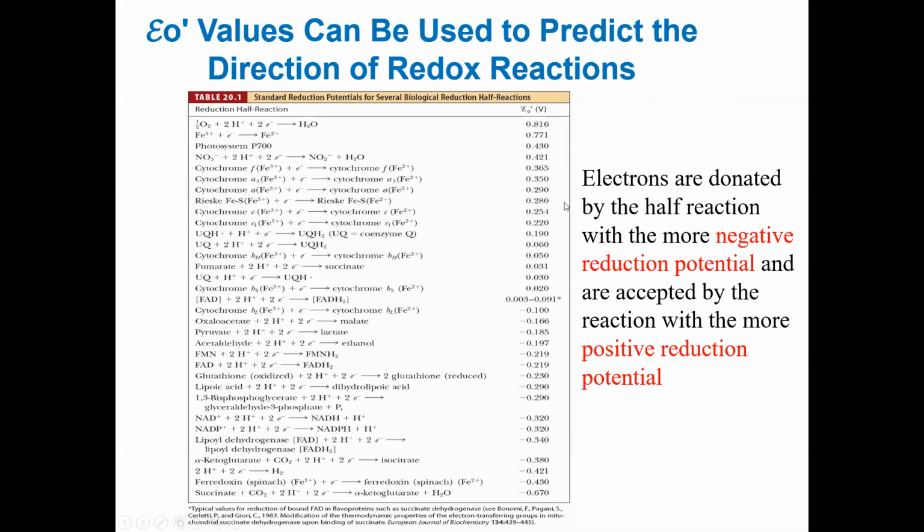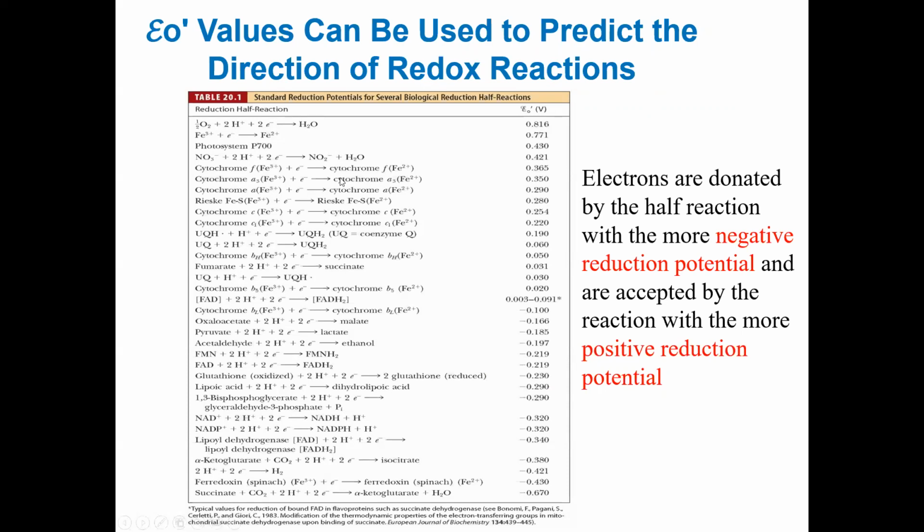This table lists a bunch of redox reactions, but these are all half reactions, as seen here. On the right-hand side, they're listing standard reduction potentials. So you can see molecular oxygen being reduced to water. The standard reduction potential for that half reaction is 0.816 volt.